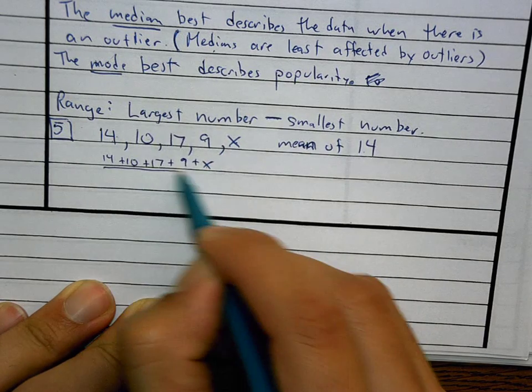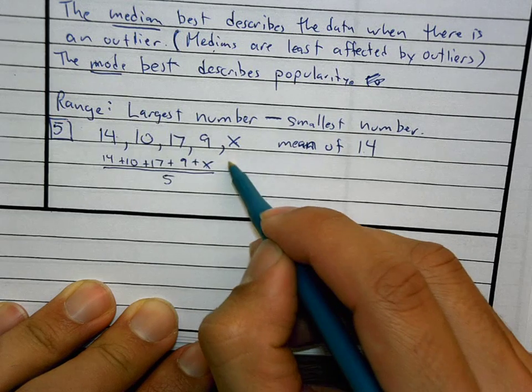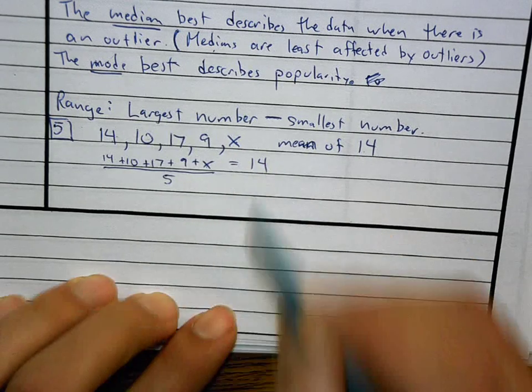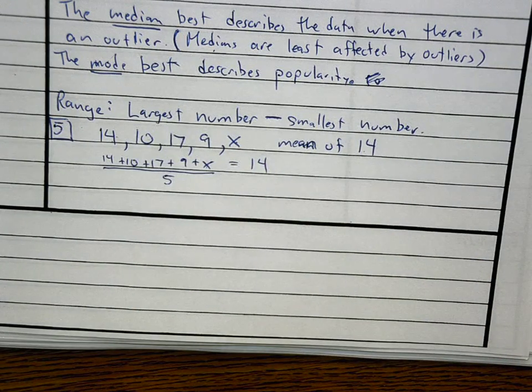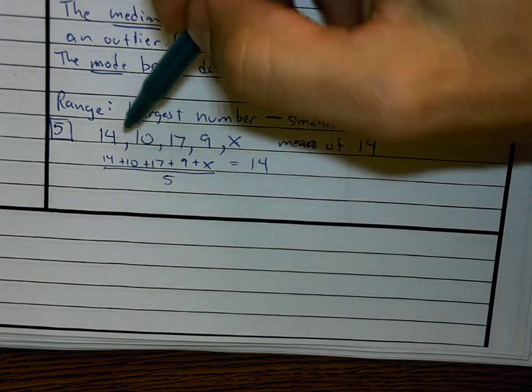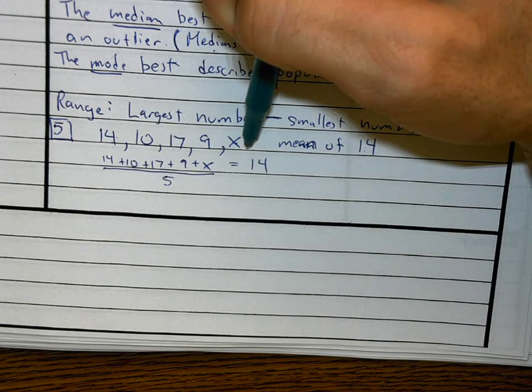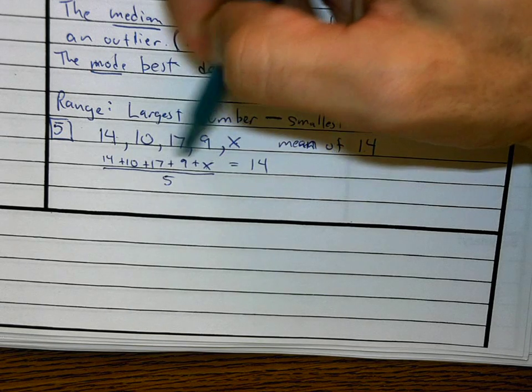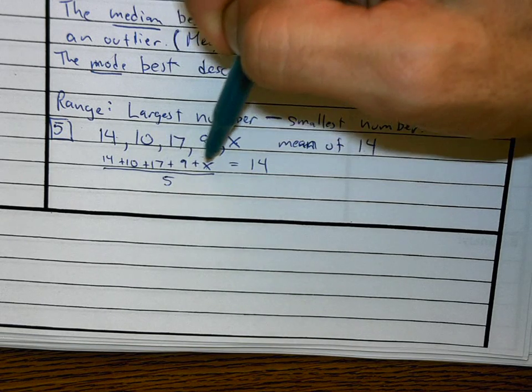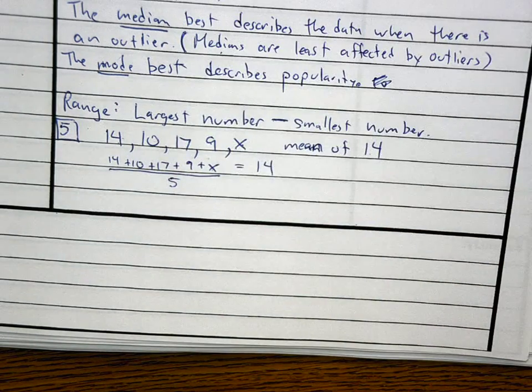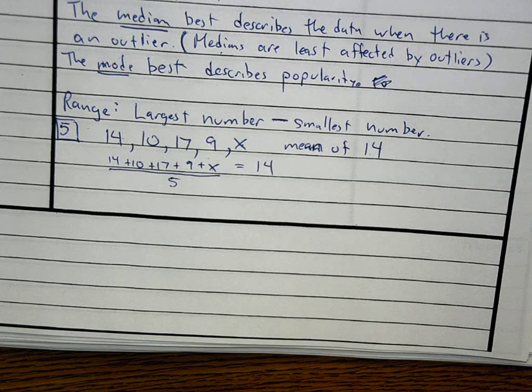Divided by 5 should equal an average of 14. What we do is we take all these numbers, including this unknown number that we don't know what it is, add them together and divide by 5 because we know x is going to be a number. And then what we need to do is the opposite of dividing by 5.